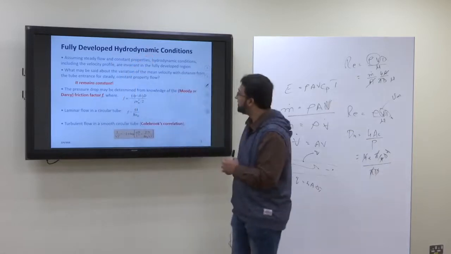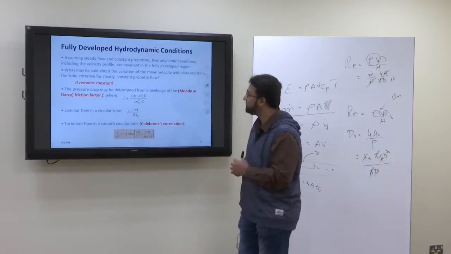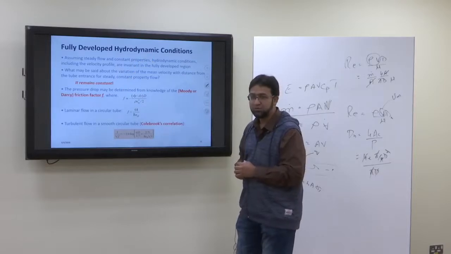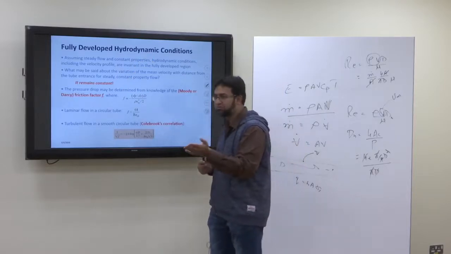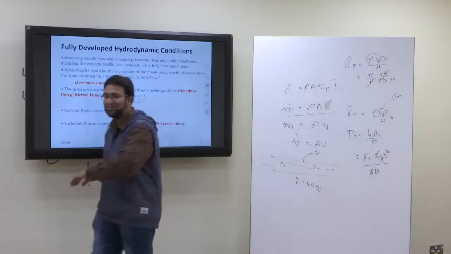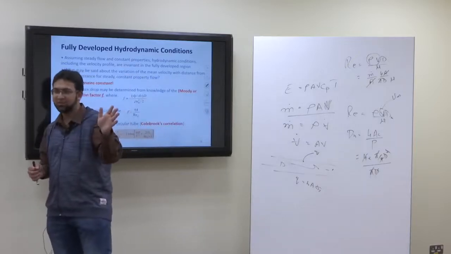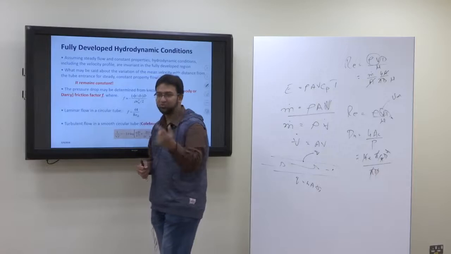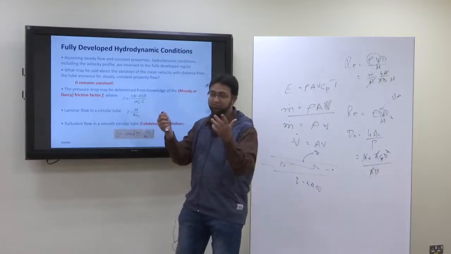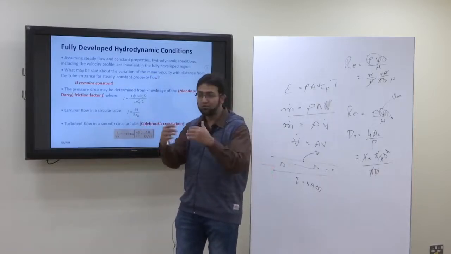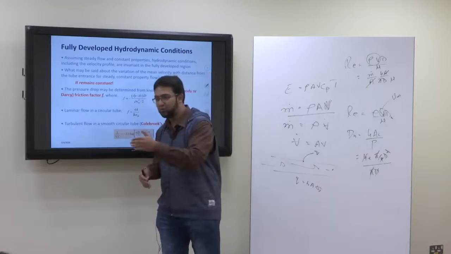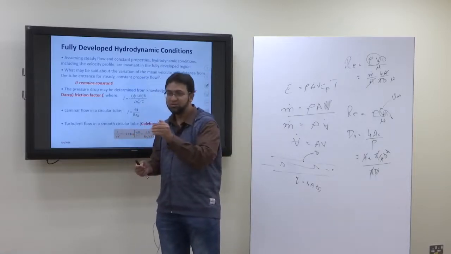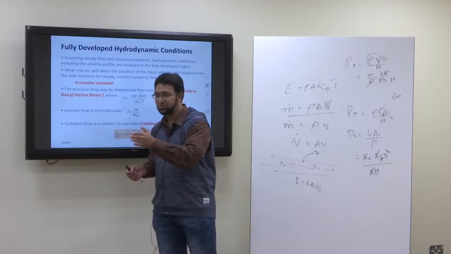Okay. Now pressure drop is another important parameter. As I told you, this is something that directly deals with the economics. How much pressure drop is there, because for the heat transfer to occur, you need the flow. For the flow to occur, you need to have the pressure difference.